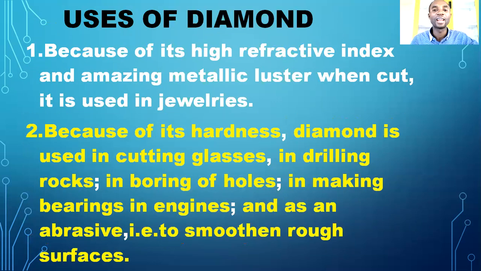All right, now what can we use diamond for? Because of its high refractive index and amazing metallic luster when cut, it is used in jewelry. Number 2, because of its hardness, diamond is used in cutting glass, drilling rocks, boring holes, making bearings, and as an abrasive, which means it is used to smoothen rough surfaces.